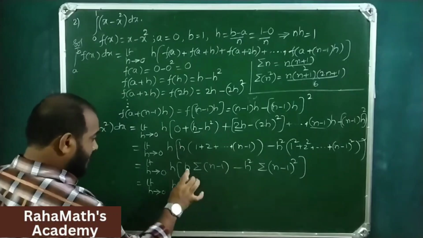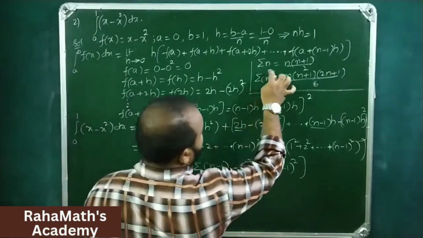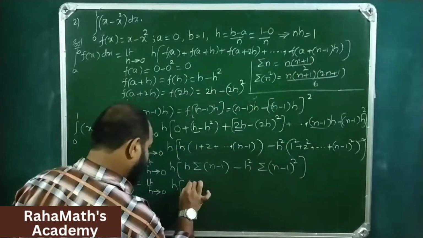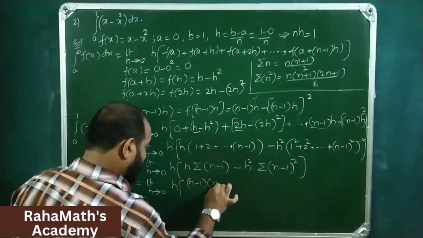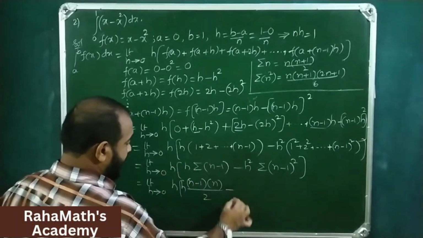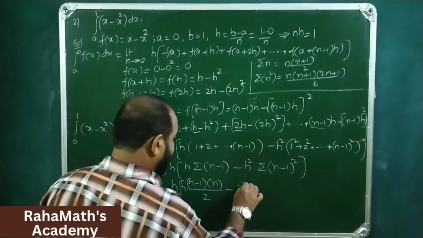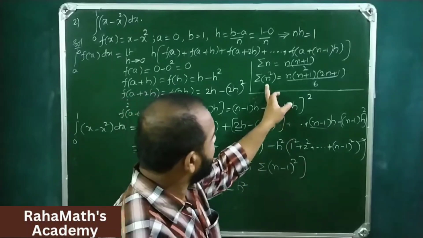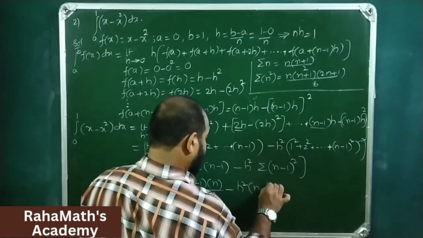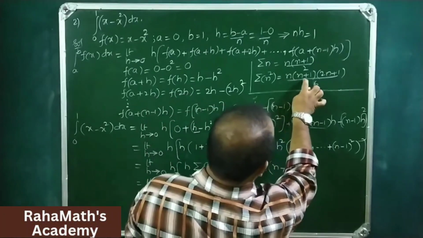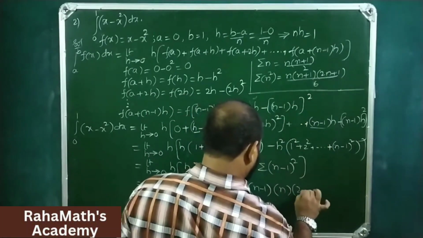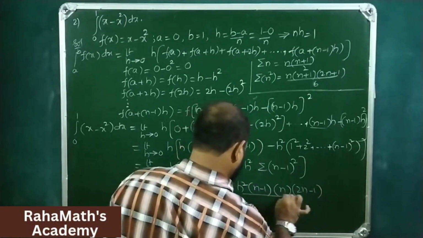H into sigma n is n into n plus 1 by 2. Sigma n minus 1 by 2 is n minus 1 into n by 2. N minus 1 into n by 2 h minus h square into sigma n square is this. Sigma n minus 1 whole square is n minus 1 into n into here 2n minus 1 by 6.